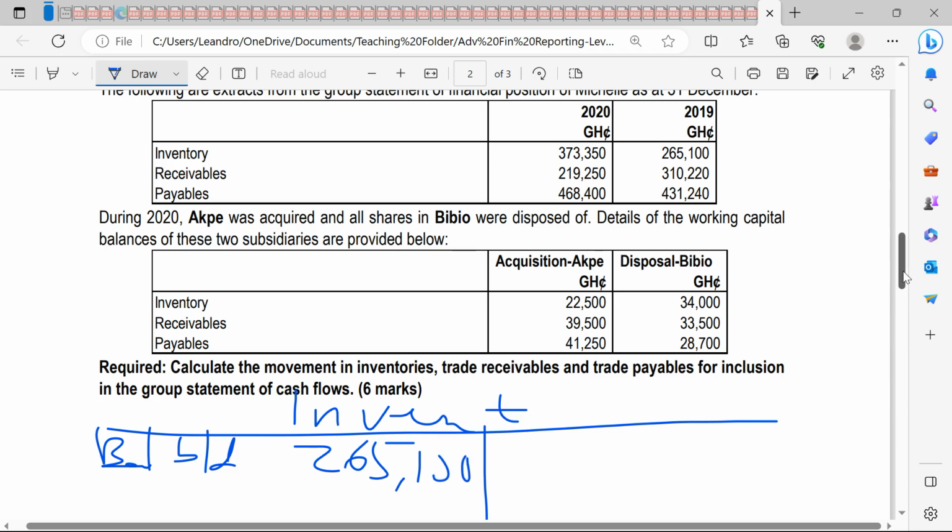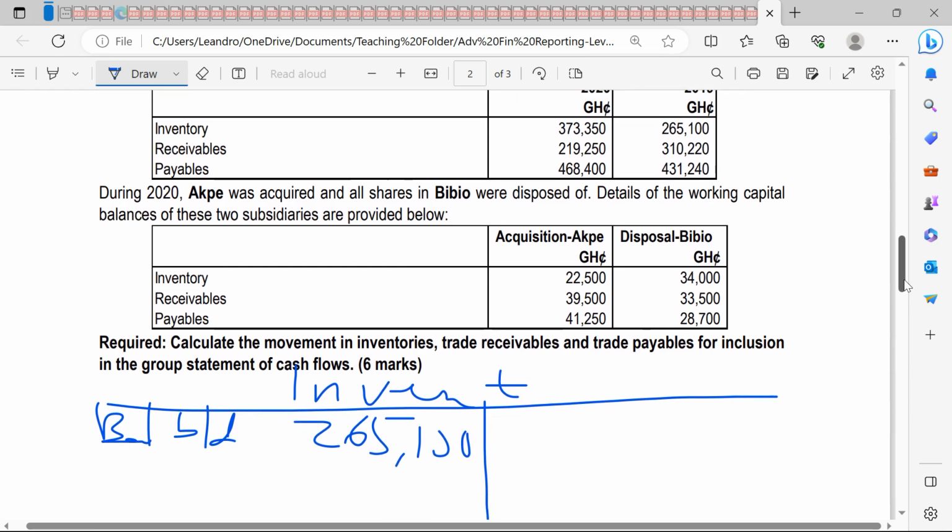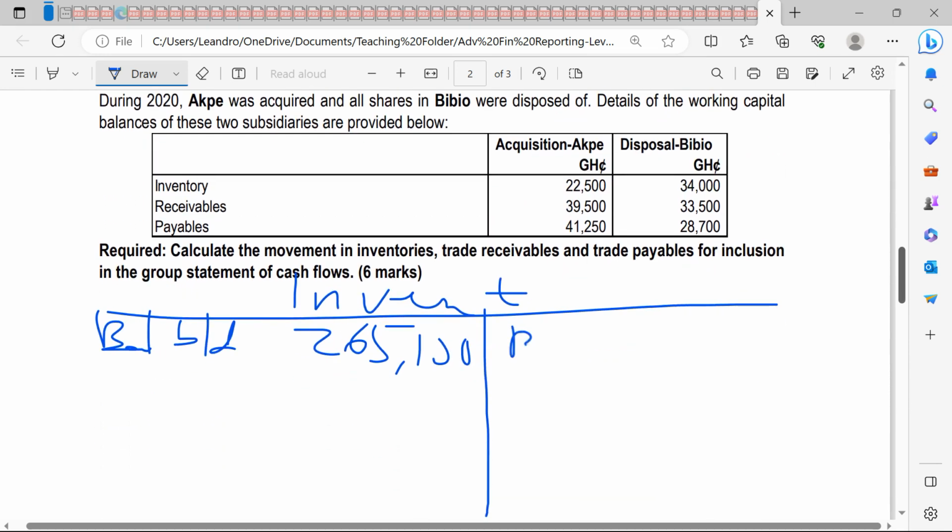Then your balance carried down will be 373,350. Then you come to the acquisition.